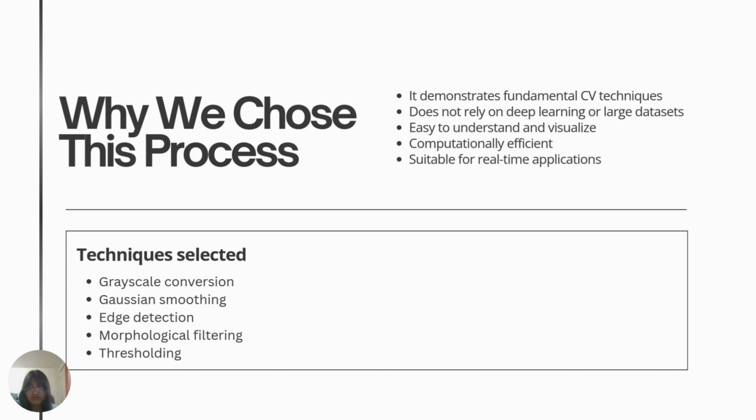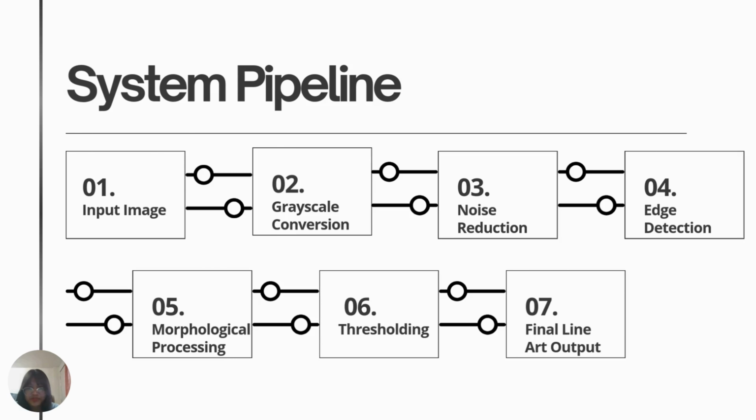Fourth is morphological filtering, which strengthens and connects edges. Finally, we apply thresholding, which helps produce a clear binary image representing the sketch. Together, these steps form a complete pipeline that transforms a photograph into a line drawing and some other art styles.